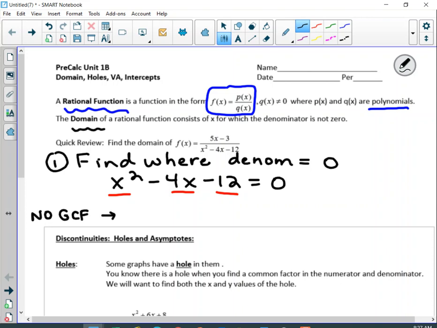So now we're basically going to try to see if we can build 2 binomials as my factors. So what do I have to look for to start building these factors?